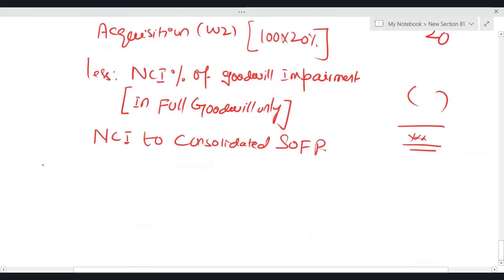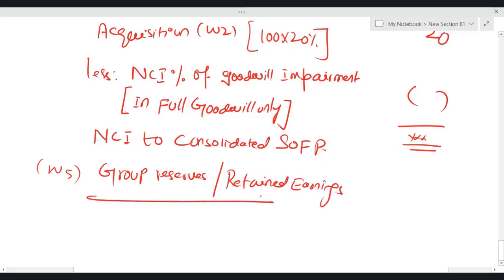Step 5. Simply, you can use the heading retained earnings or group reserves, both are acceptable. If someone uses the heading group reserves or retained earnings, you can use any one of them, okay?